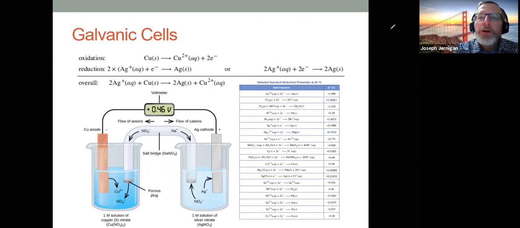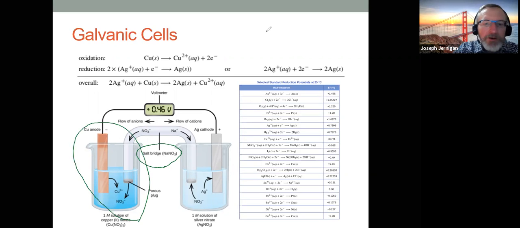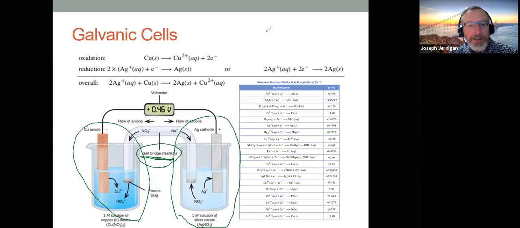Now, a cool thing here, we talked a little bit about a membrane. These guys are not using a membrane, but they're using, in principle, the same concept. And that concept allows you to actually separate your two cells. You have two completely different cells, and they're conjoined electrically. They're electrically joined by this salt bridge, but they are spatially separated because, again, you don't want those guys to mix together. They're just going to react away, and you'll lose your oomph.